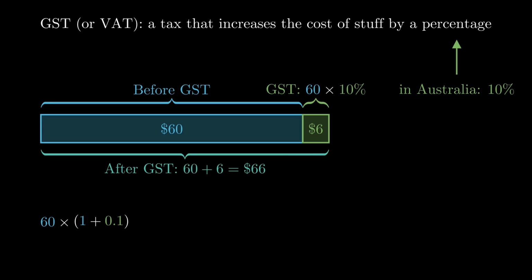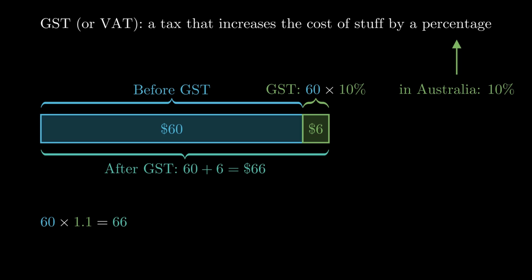Remember the idea there being to take one full copy of the original $60 and then to add on 0.1, so 10% of it directly. That will be the same as multiplying 60 by 1.1, which would give us $66, the same after GST price.